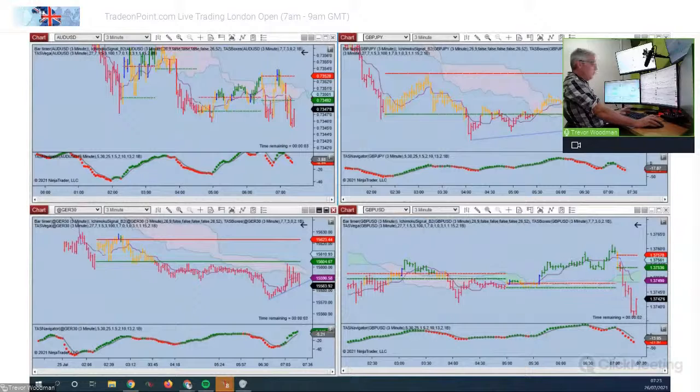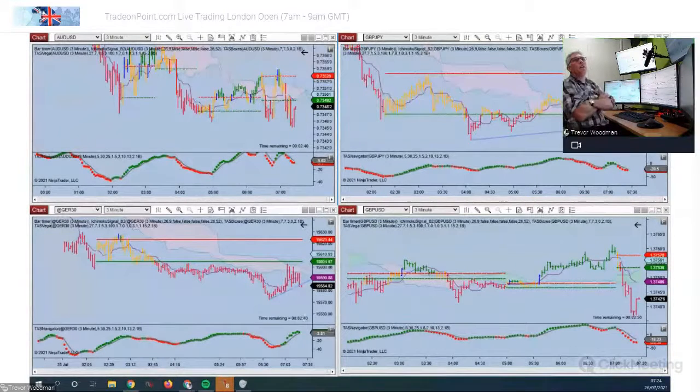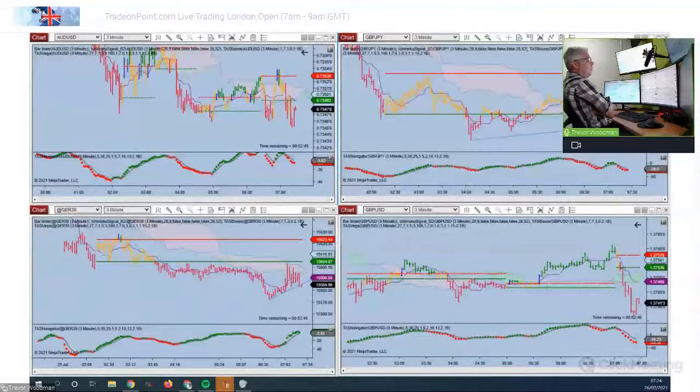I'm just looking at my daily chart here. Okay. Pound yen, I'm still expecting this pound to drop. I am anticipating a short on the pound yen.